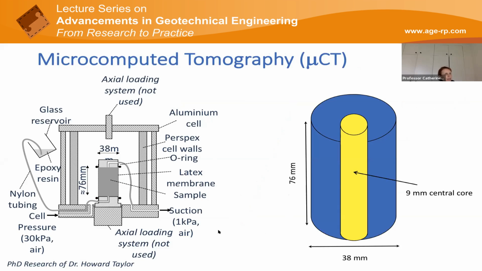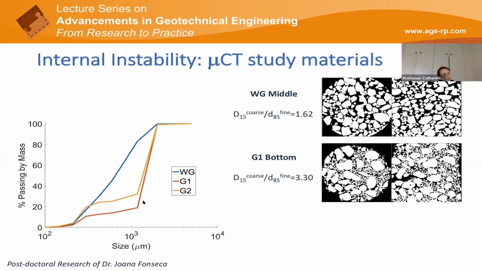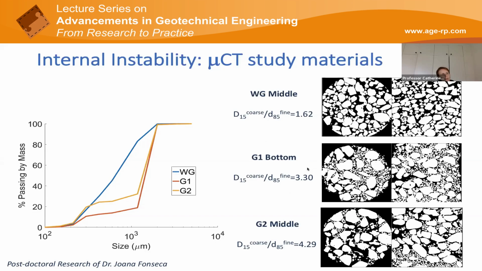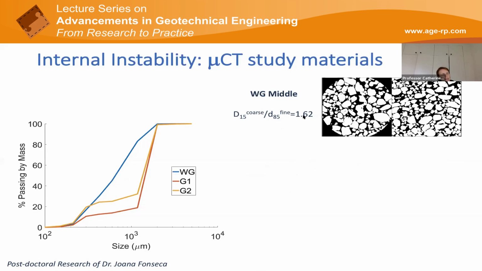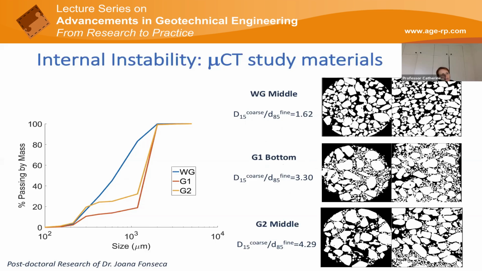So we used microCT, and we looked at different materials, a material with a continuous grading and 2 gap graded materials. And we applied the empirical criteria, looking at this ratio of D15 of the coarse material and D85 of the fine.